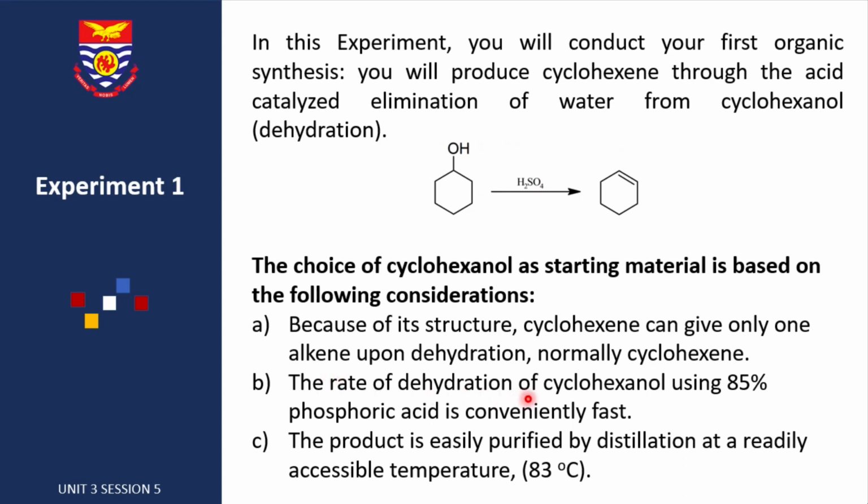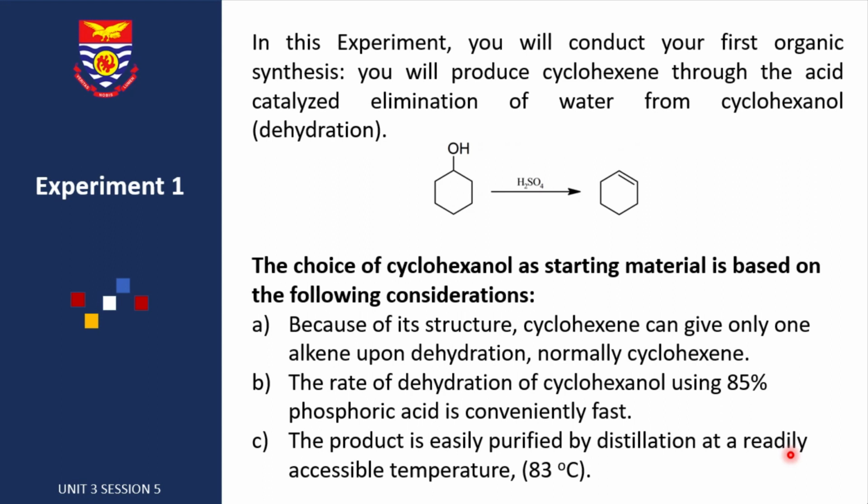The rate of the dehydration of the cyclohexanol using 80% phosphoric acid is conveniently fast. So that's also another consideration. And lastly, the product is easily purified by distillation at a readily accessible temperature.